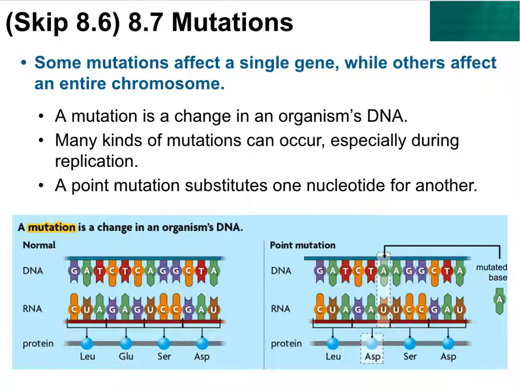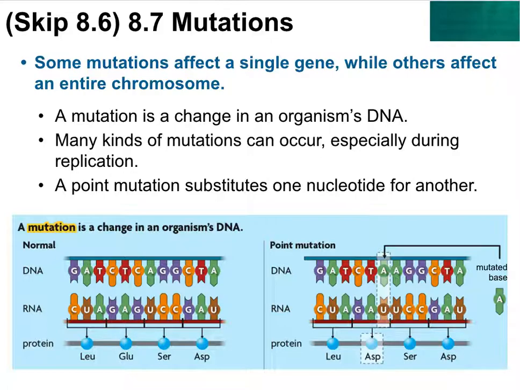Whereas a chromosome, we're talking about thousands and thousands of DNA molecules, hundreds of genes. So a chromosome is kind of a bigger picture of all of those genes together. Anyway, a mutation is just a change in an organism's DNA.